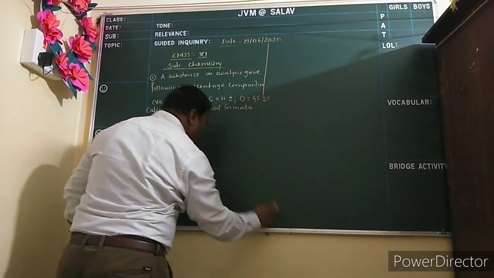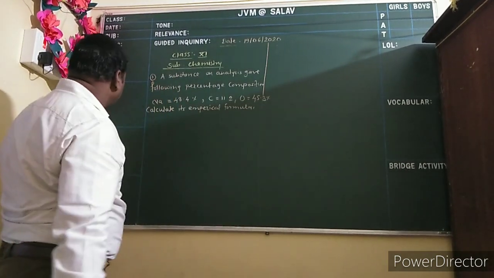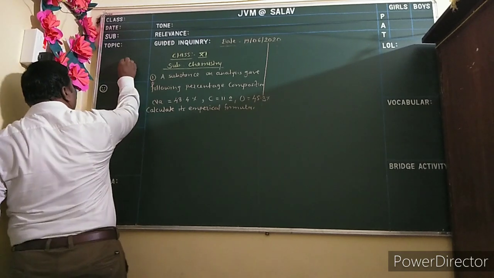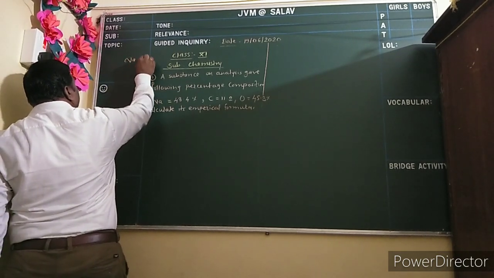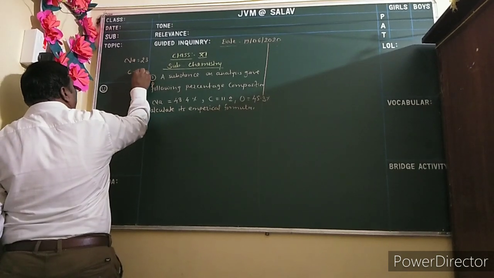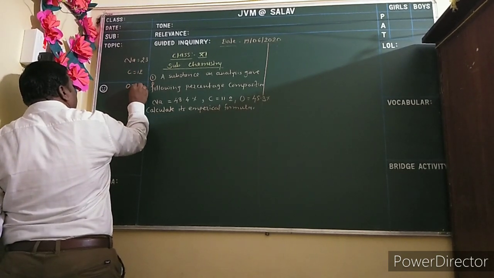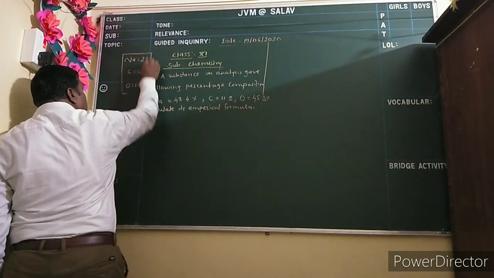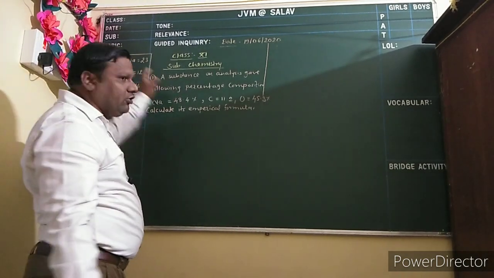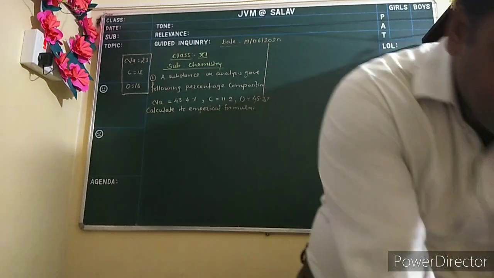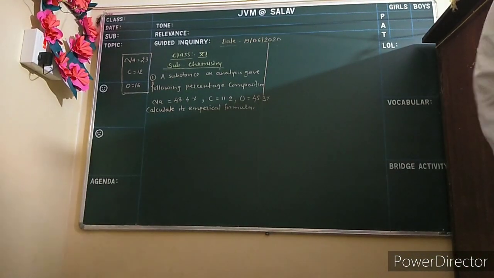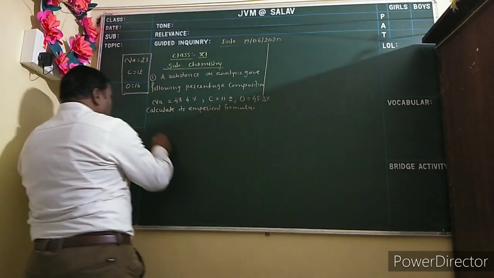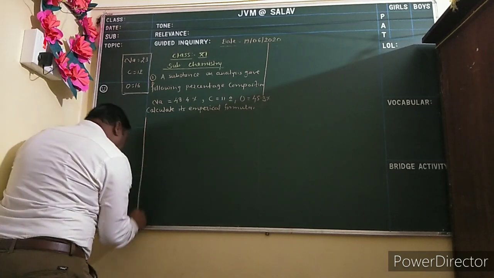Now, you know the atomic mass of sodium is 23, carbon is 12 and oxygen is 16. Understood? These are the atomic masses. Now we have to solve this problem.